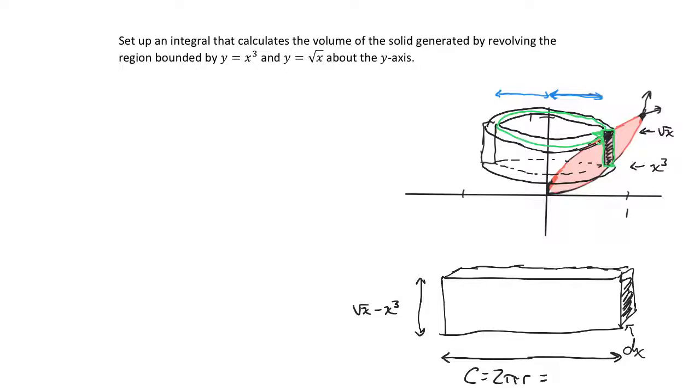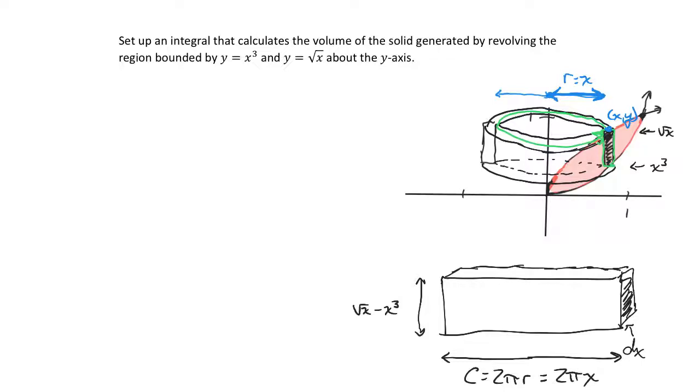My blue arrow went from the axis of revolution out to the rectangle. My rectangle has a coordinate of x comma y. If I'm moving left and right, but staying at the same height, my y value remains the same. It's my x value that changes. We went from 0 out to x. So my radius is x. So we complete this. This is 2 pi times x.